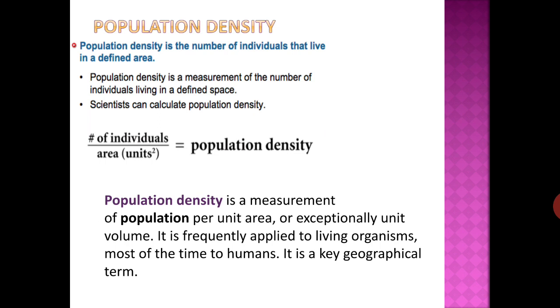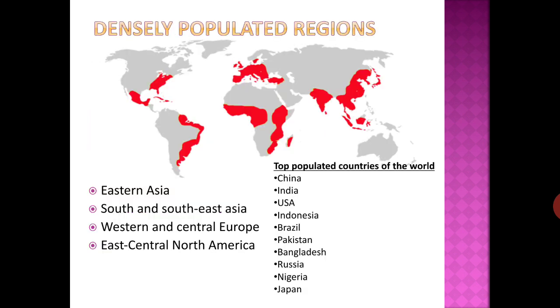In simple language, it is how many people are living in a square kilometer area. Although more people may be living in some bigger areas, so the population density may be less, in total calculation there are certain regions where many people are living.